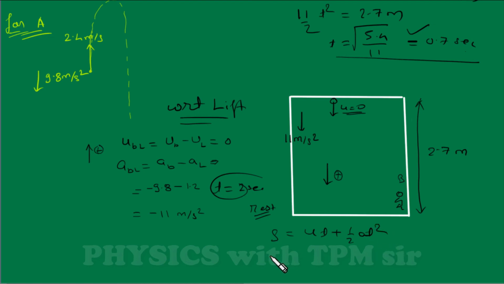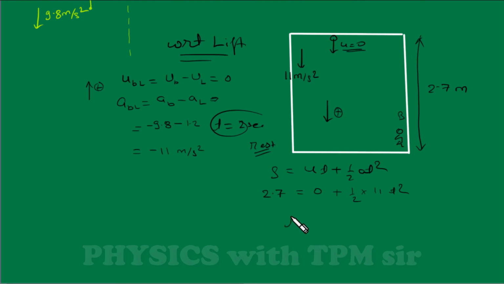All these terms are relative only. So displacement, as we have taken downward as positive, is 2.7, u initial velocity is 0, relative velocity, plus half into a, which is also positive, into t square. So you can see the time is still the same, under root of 2 into 2.7, that is 5.4, divided by 11. Yes, the answer is the same.